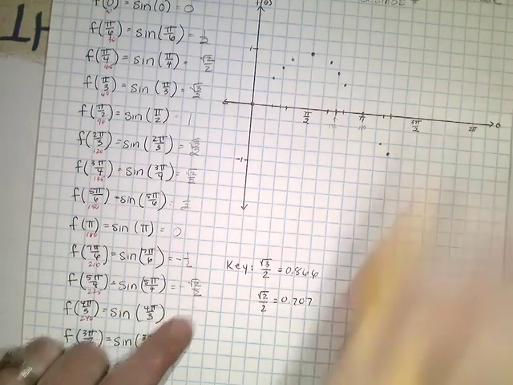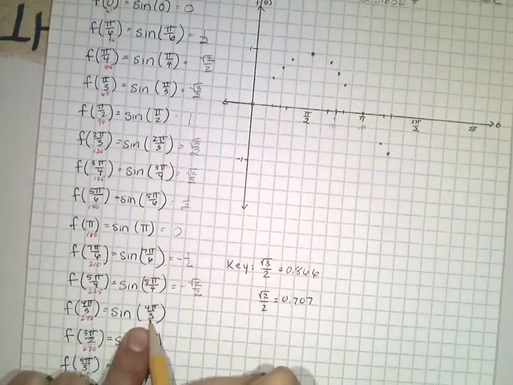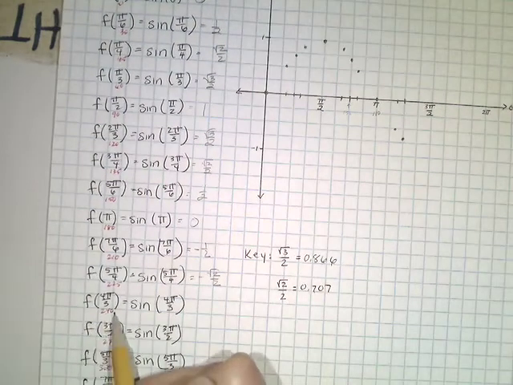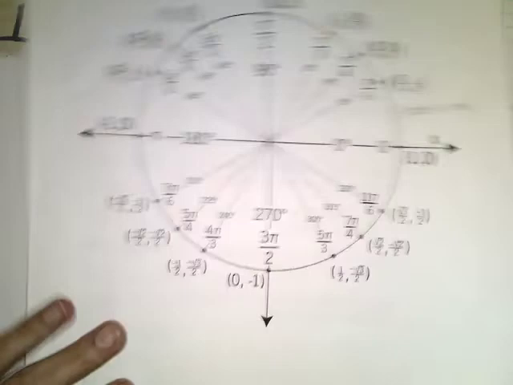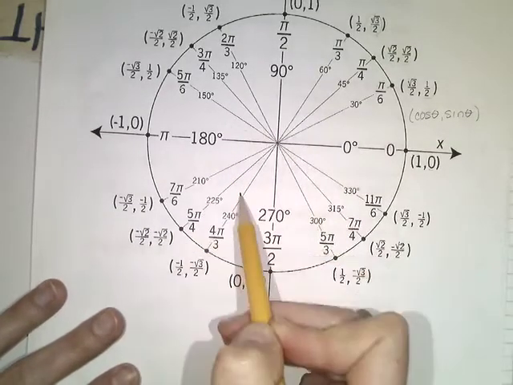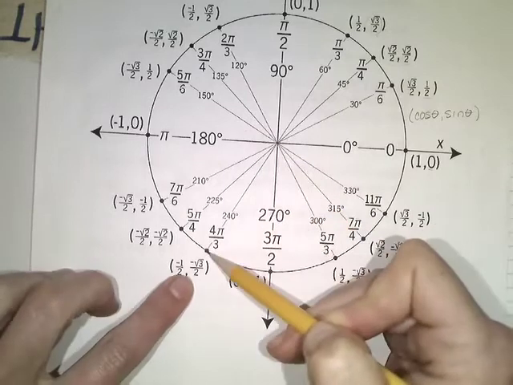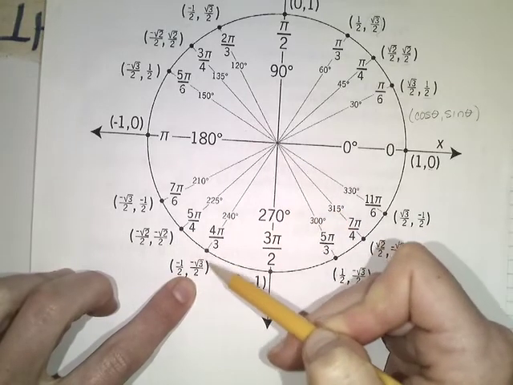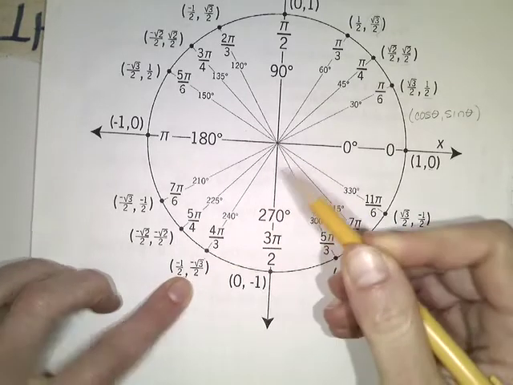Okay, and then again, 4 pi over 3, that's your 240 from the unit circle, from 0 all the way around to my 240. Looking at this here, the y position at 240 is negative radical 3 over 2.